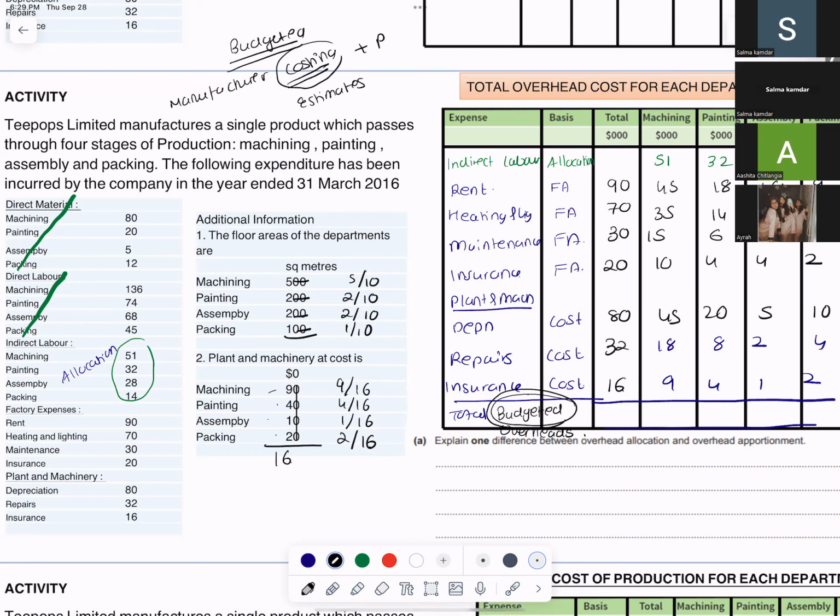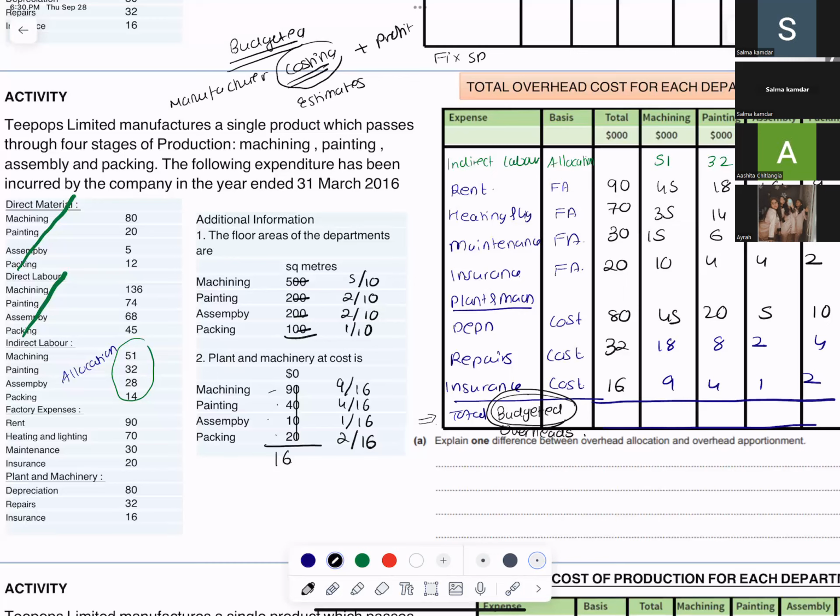Then he will put his profit percentage, fix the selling price, and afterwards actually start producing. So a manufacturer always budgets, meaning he estimates. Cost is always on an estimated basis for a manufacturer. So I will write total budgeted overheads.